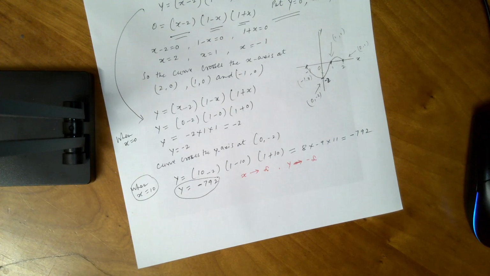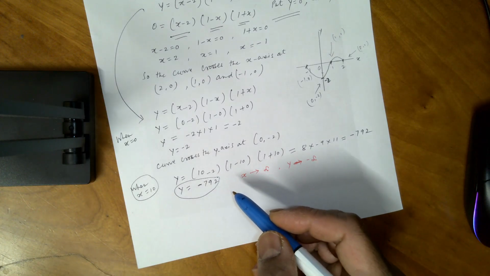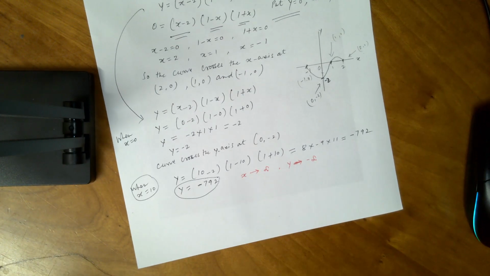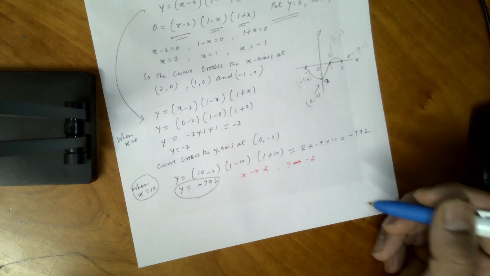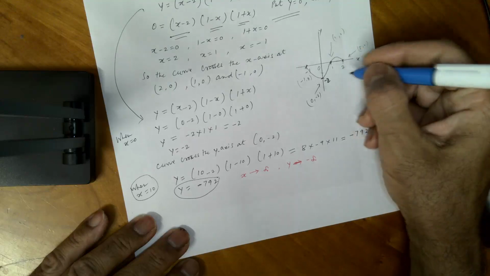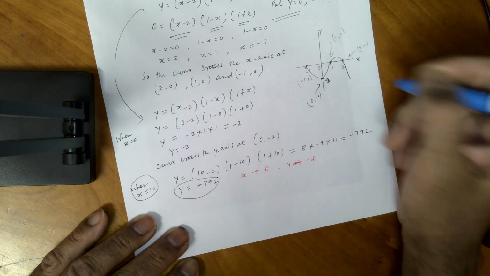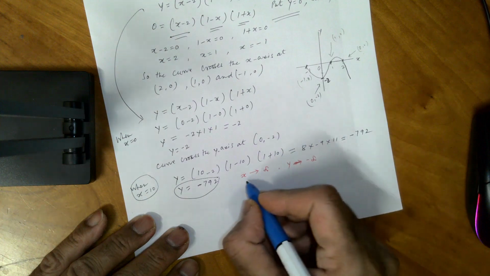Obviously in exam you won't really have minus 792, so we can just say that's the infinity sign. So with that you can just go like this. You got it?